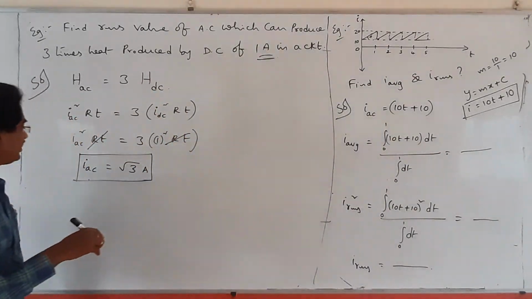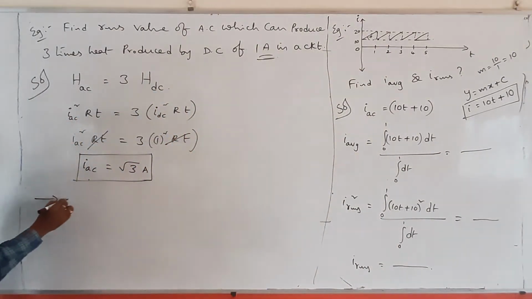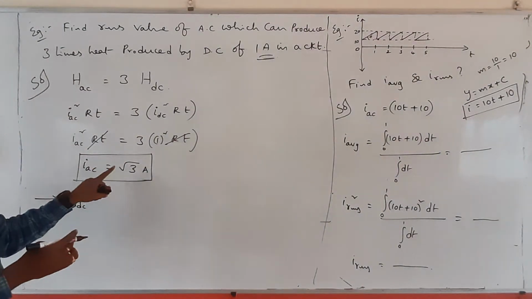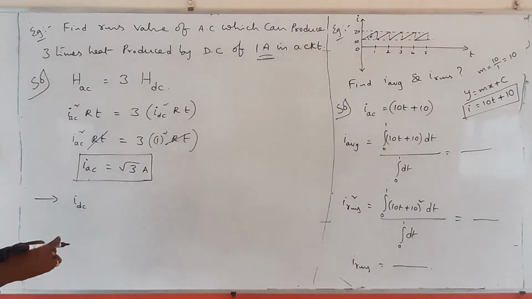How can we get the RMS value? It is the I_DC which can produce the same amount of heat as produced by AC.